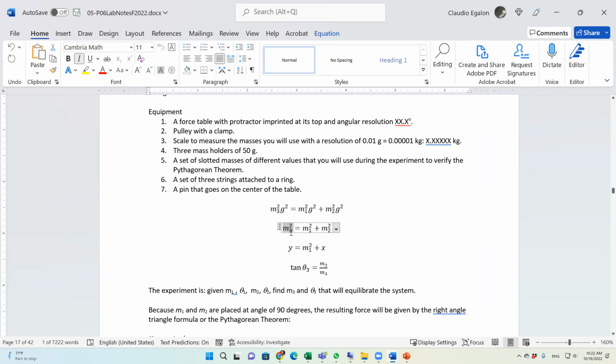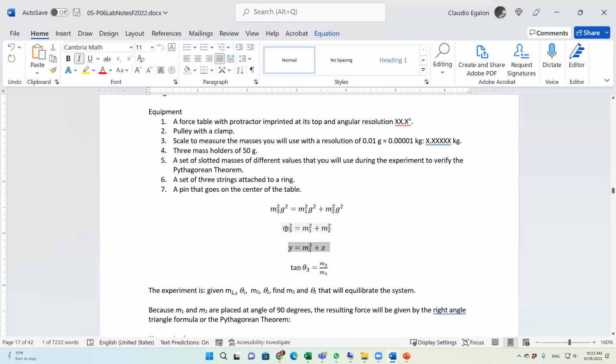Because this one is dependent on M1 and M2, I call that Y. M2 is the one that's being changed, so I call it X. What we have here is a linear equation in terms of M2 squared. And we also have the angle of the force. Those are the notes that we have in this equation.